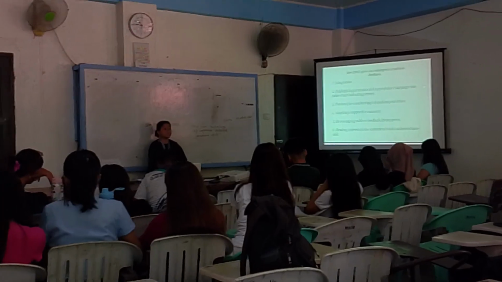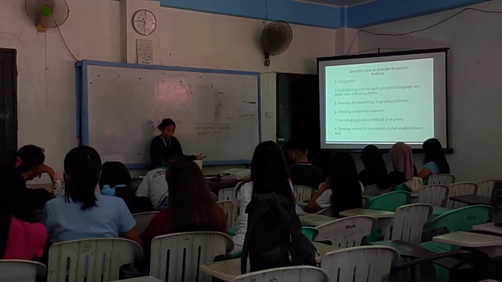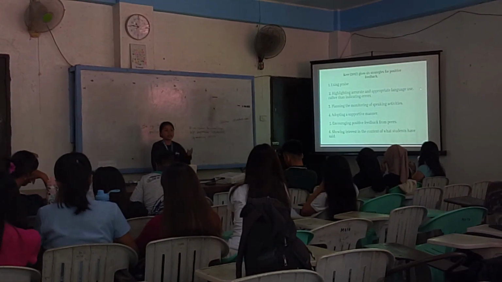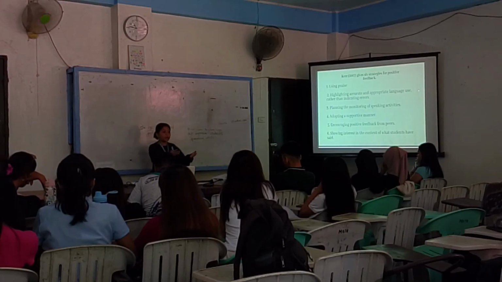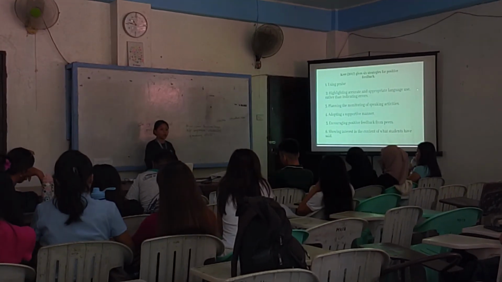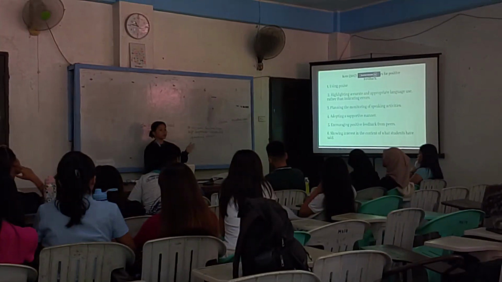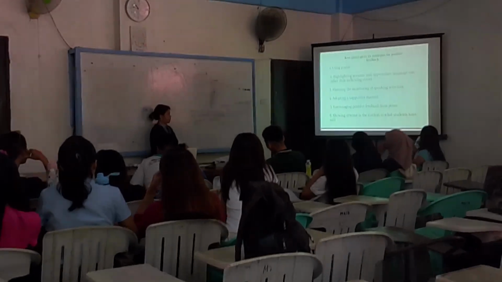The peers can share one thing that they like about the performance, and they could also suggest improvements if they see that the performance of group 1 still needs work. The teacher should also help the group to determine what they need to improve. Okay?